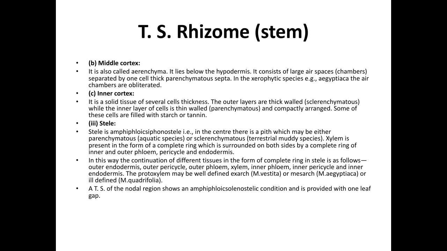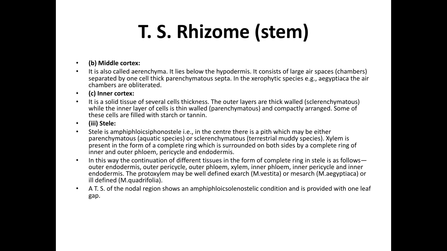Amphiphloic siphonostele. Now in case of amphiphloic siphonostele, pith is present at the center, and the pith is surrounded by phloem. Then phloem is surrounded by xylem, and xylem is again surrounded by phloem.